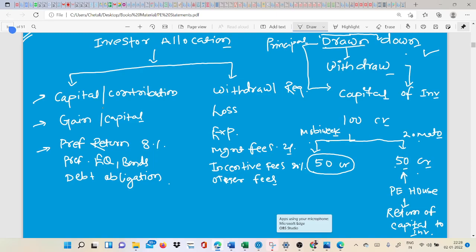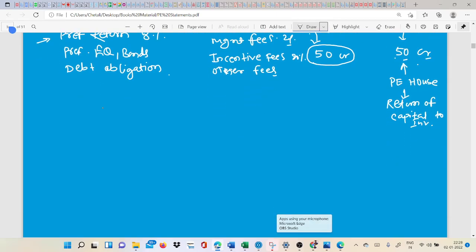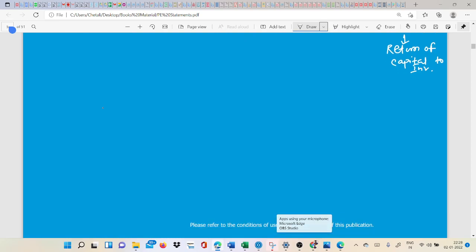Correct? Okay. So here we already discussed a number of things about private equity, right? And apart from that, trust me, nothing can be different in the interview as well. So there are hardly two things that I would like to add, because I want to cover every aspect of this private equity segment.